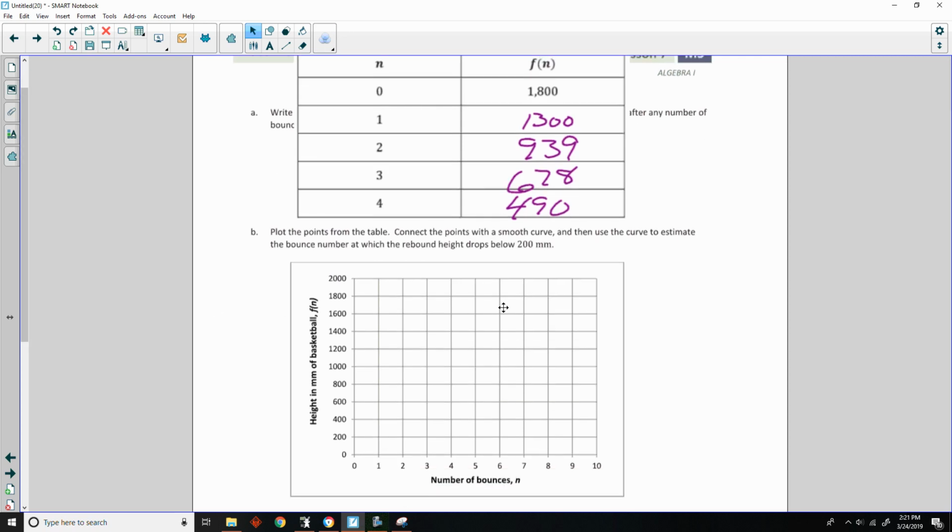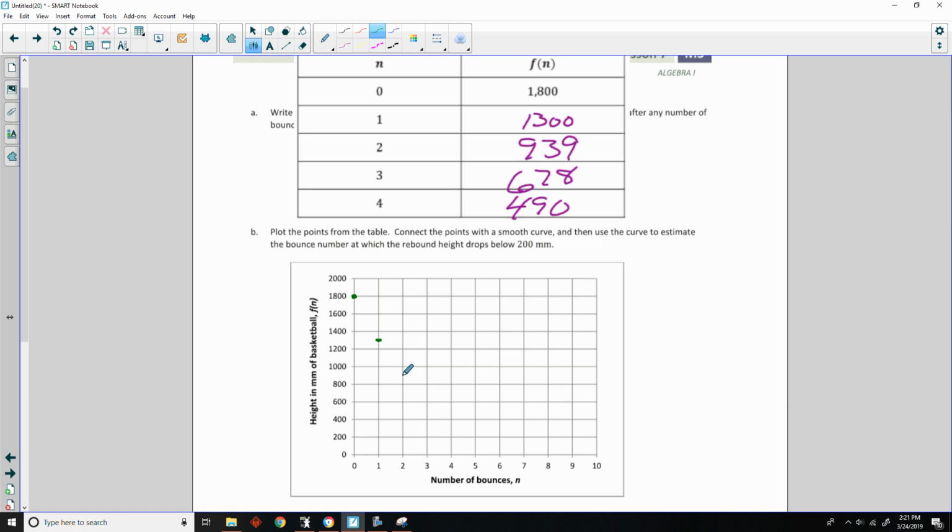Okay, so I copied the table over so we don't have to keep going back and forth, and we're going to plot points. Let me graph this in green. So, 0 bounces, the ball is at 1,800 millimeters height. After one bounce, it comes back up to 1,300, which is halfway between 1,200 and 1,400.